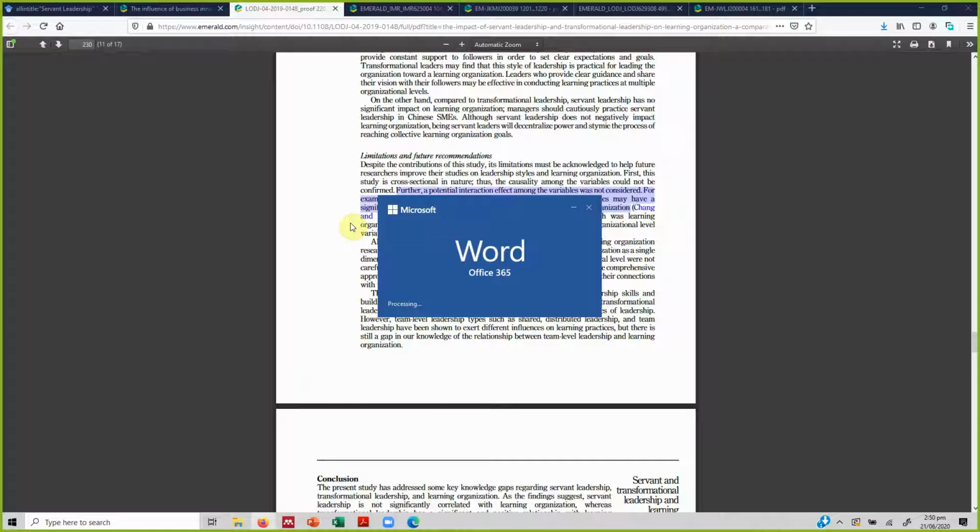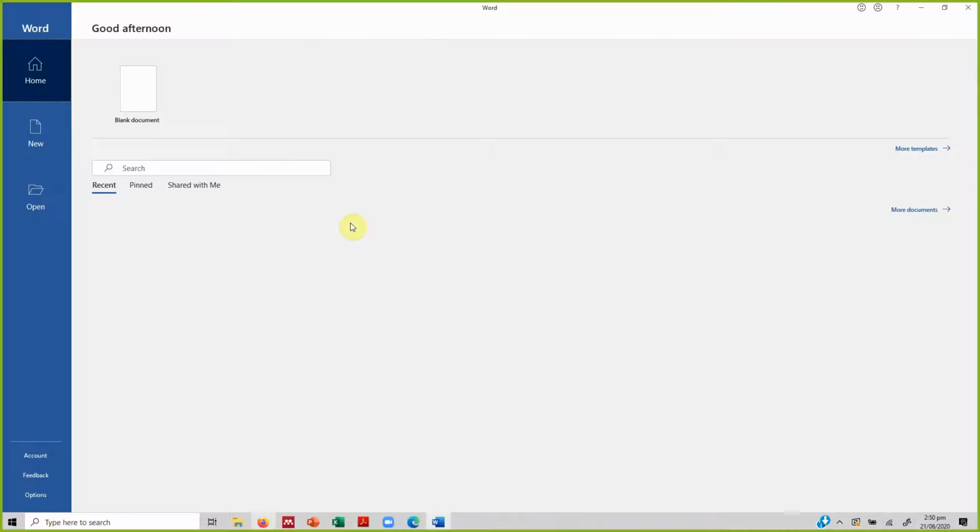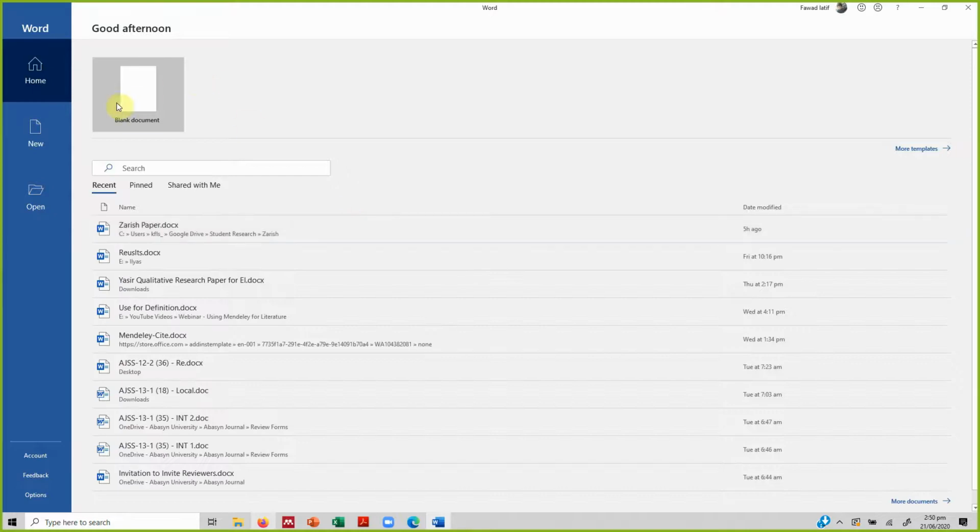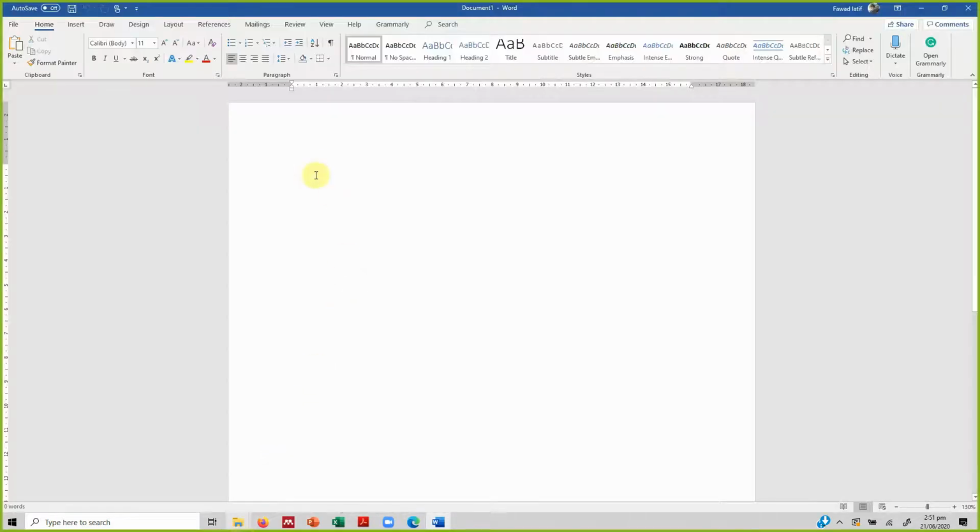So as soon as it opens, we are going to start. So we are focused on servant leadership and its impact on learning organization.